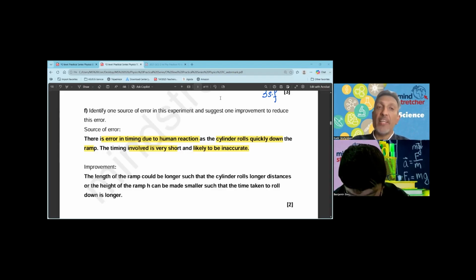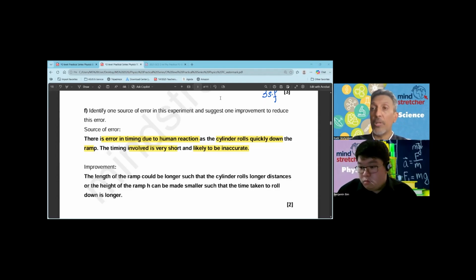But this source of error, you can't really control. The other one could be just somebody making that error, but this error, because of the nature of the experiment, you can't control. There will always be a significant effect on the timing.